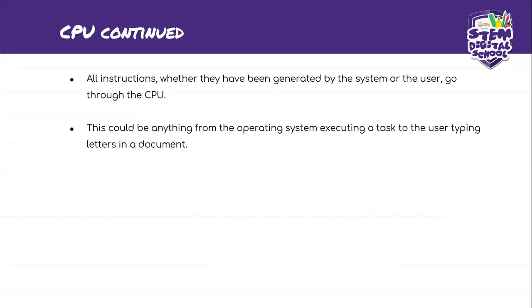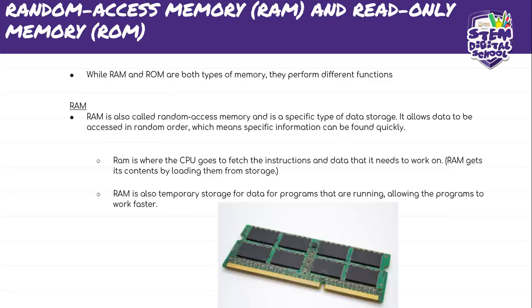Now we are moving to ROM and RAM. Let's start with RAM, random access memory. While RAM and ROM are both types of memory, they perform different functions.